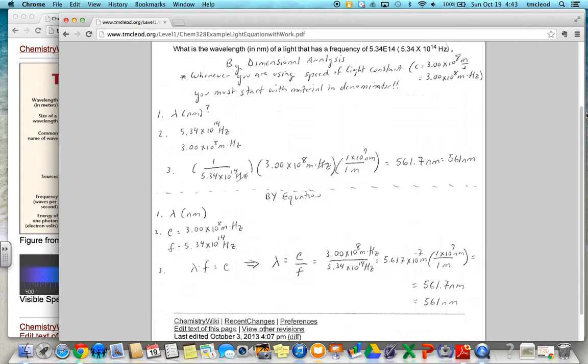Okay, so then you plug in, and you get 5.617 times 10 to the minus 7th meters, which you then have to change into nanometers, and then you get 561.7 nanometers, which again ends up being 562 nanometers, not 561 like the handout shows you. Okay, I had a rounding problem there. So that's how you do calculations for light equations.